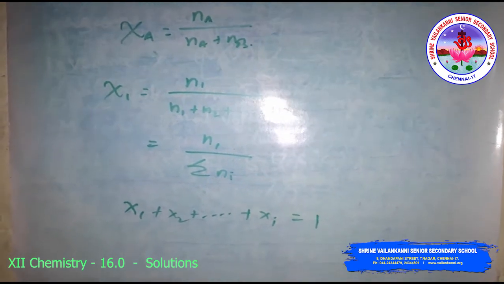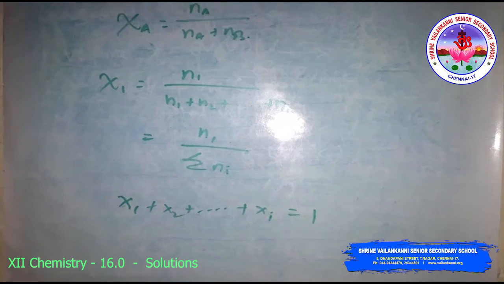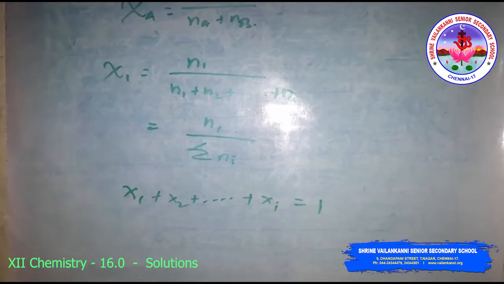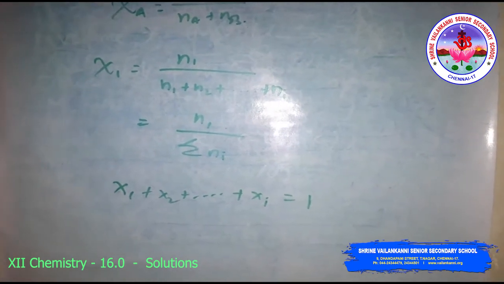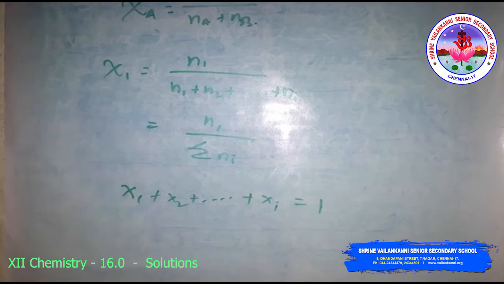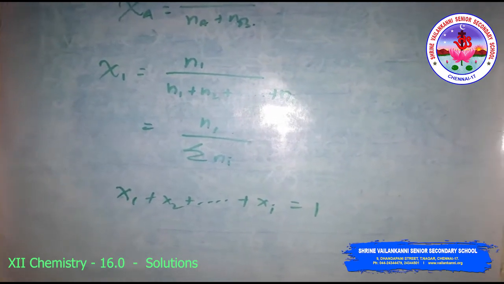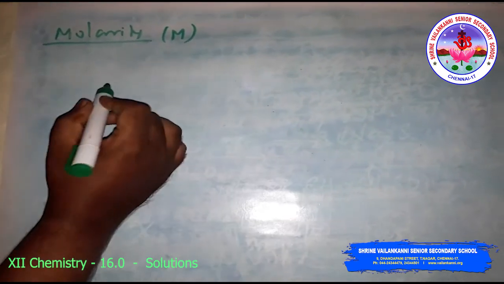The mole fraction unit is very useful in relating physical properties of a solution, say vapor pressure, with the concentration of the solution, and is quite useful in calculations involving gas mixtures. Next is molarity. Molarity, capital M, is defined as the number of moles of solute dissolved in 1 liter of solution.